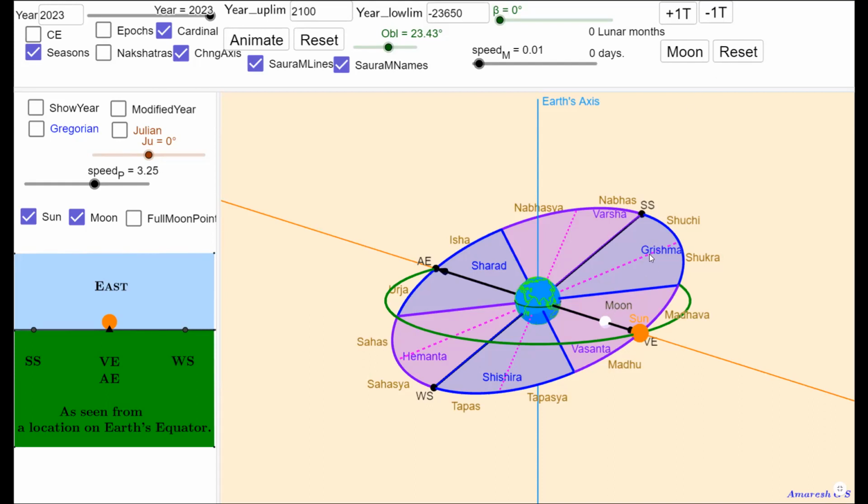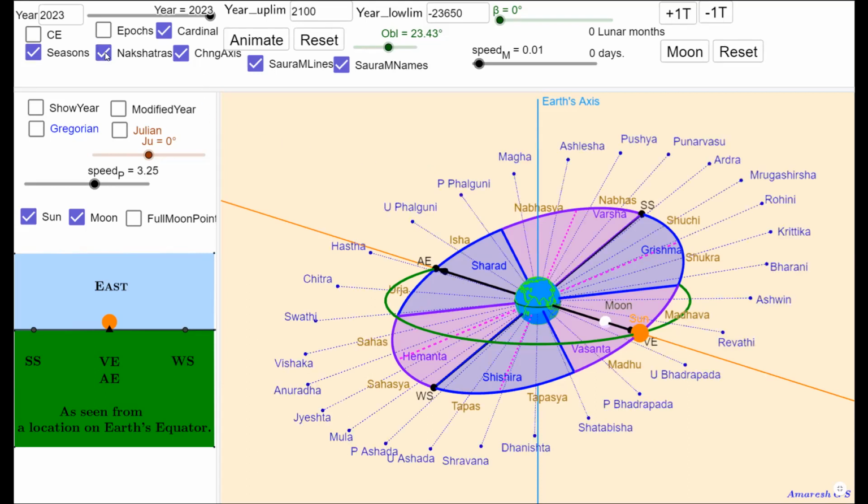Now let's look at what would happen if we do not synchronize the lunar year with the solar year. I am superimposing the background reference nakshatra system, which is used to track the position of the sun, the position of the moon, and also the position of other moving celestial bodies such as our planets. But right now we'll focus only on the moon.